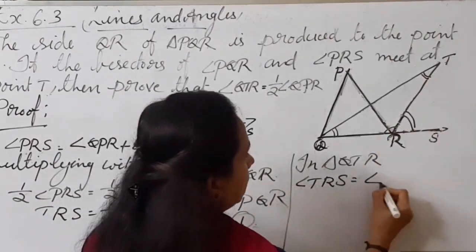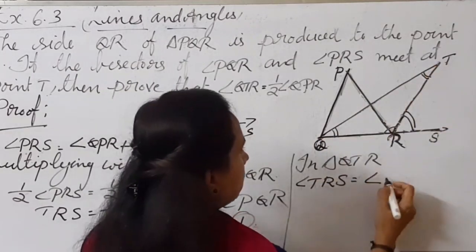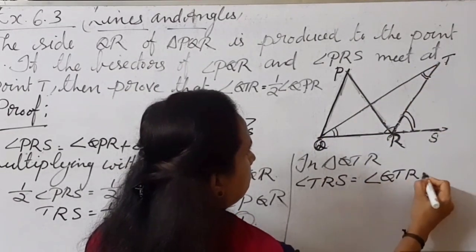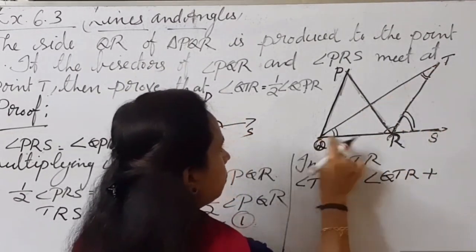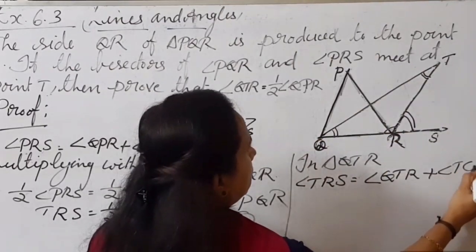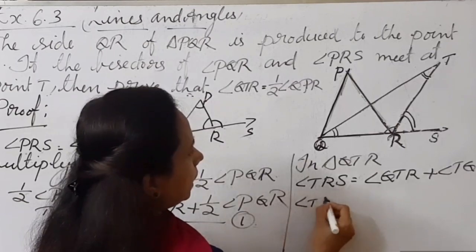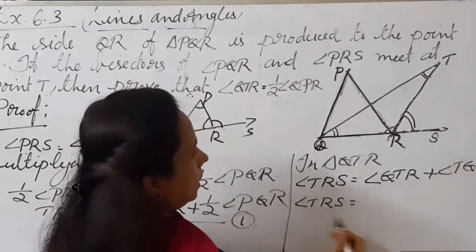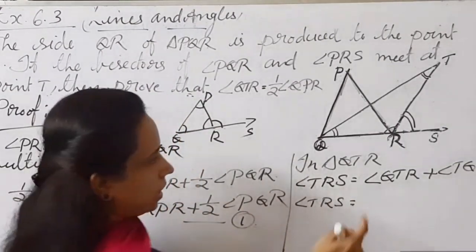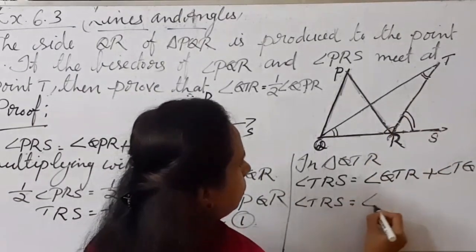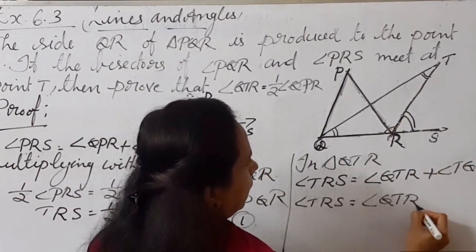That is angle QTR plus angle TQR. Okay. Now angle TRS we can write as it is, angle TRS. Angle QTR, same way I am writing angle QTR.